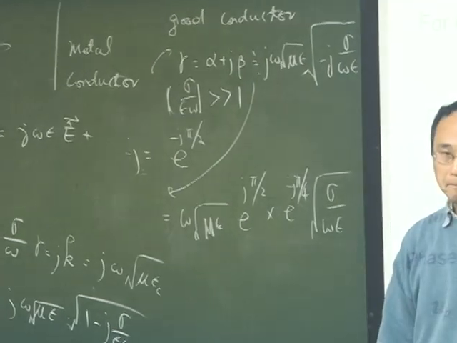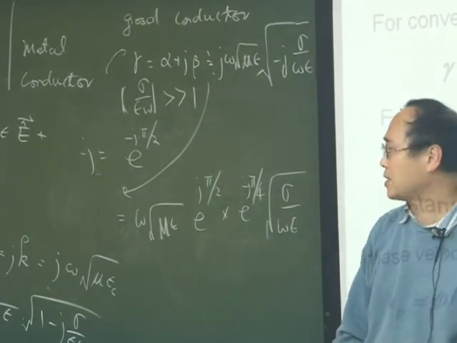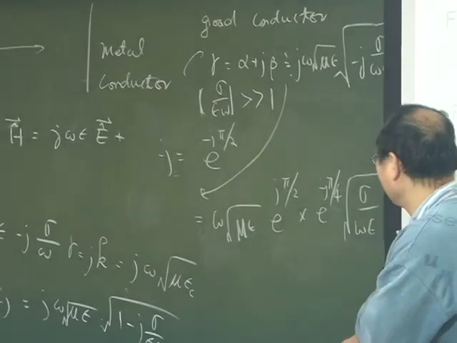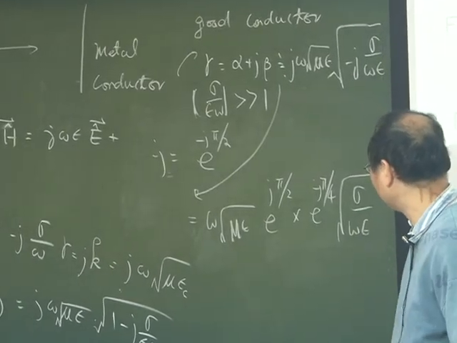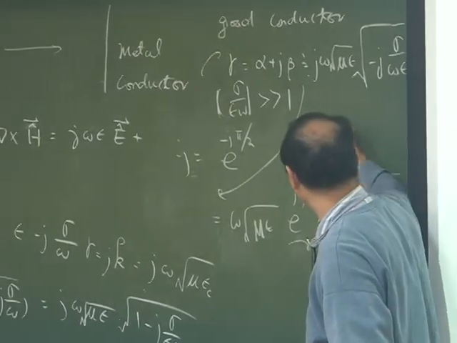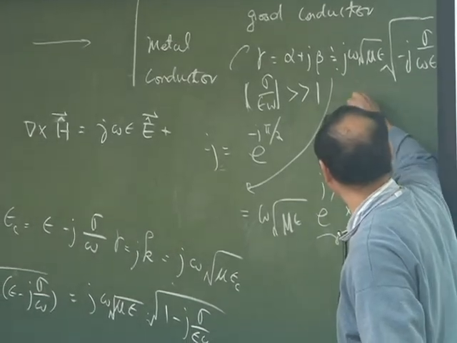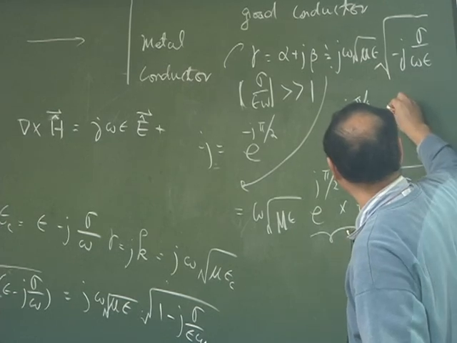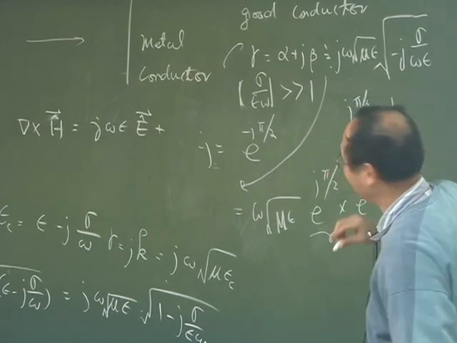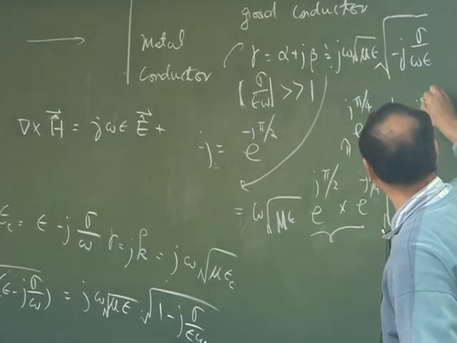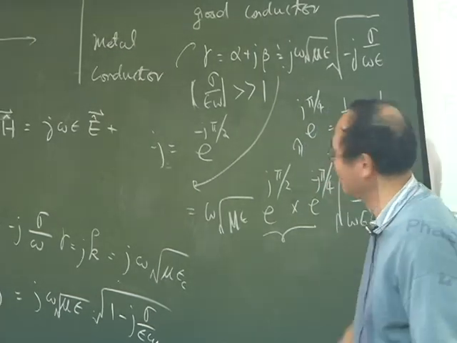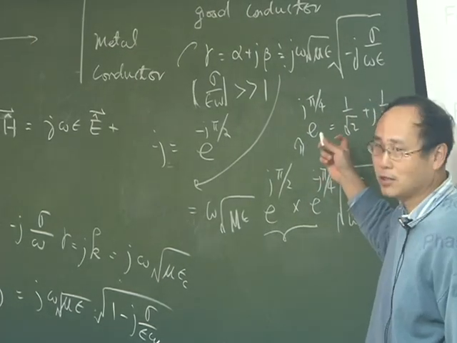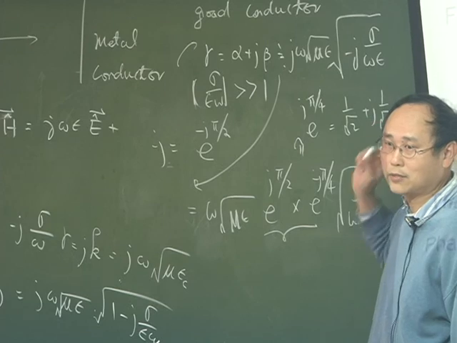Okay. So this is kind of step-by-step derivation. 这项会给你 exponential j pi over 4. This is equal to 1 over square root of 2 minus j 1 over square root of 2. Cosine 4分之 pi, sine 4分之 pi.